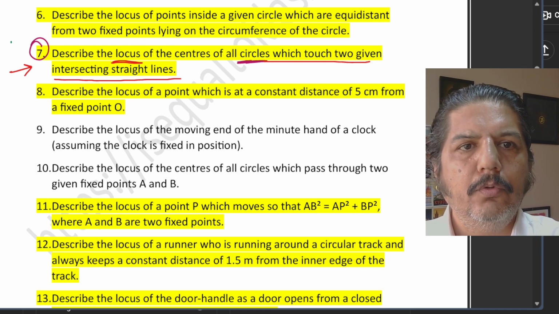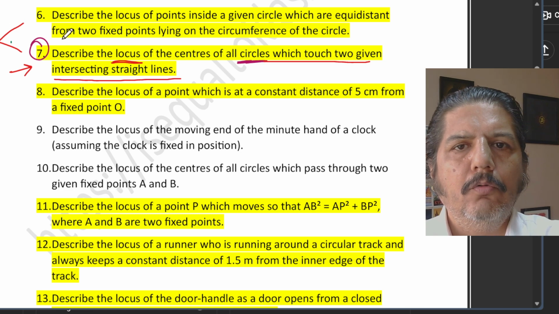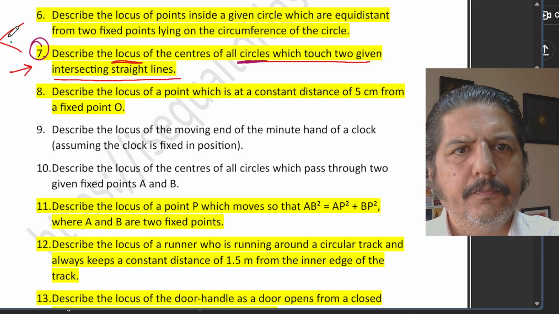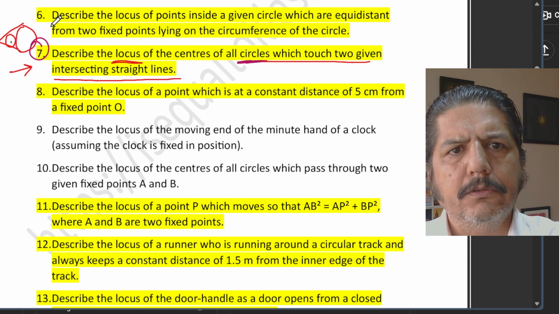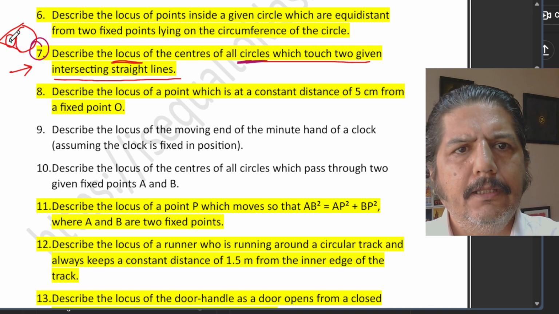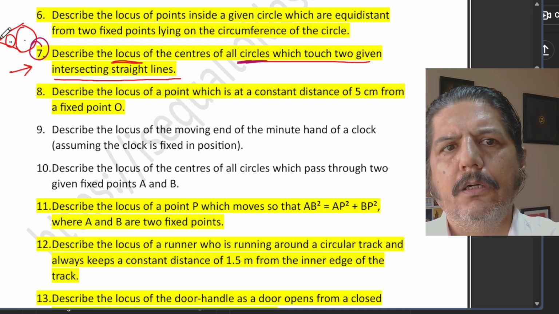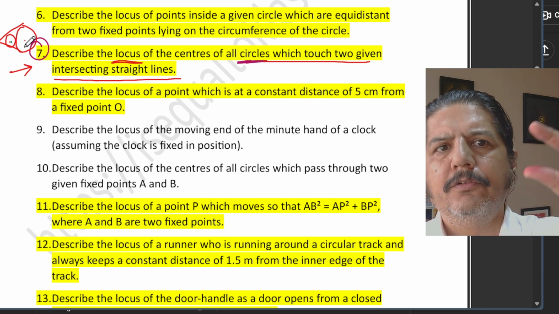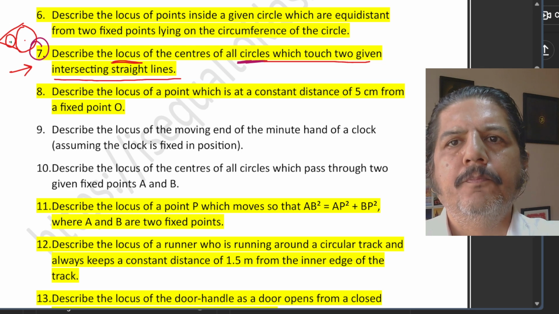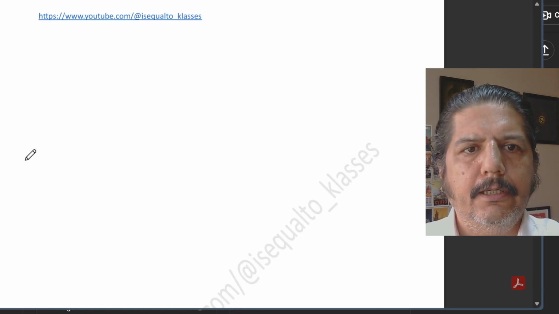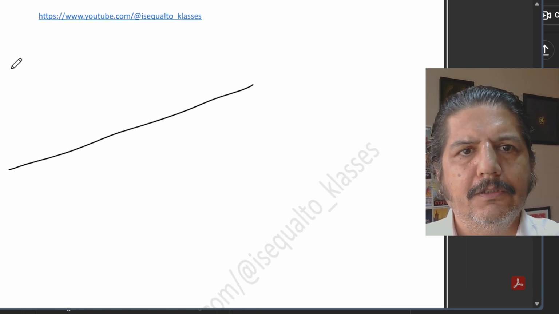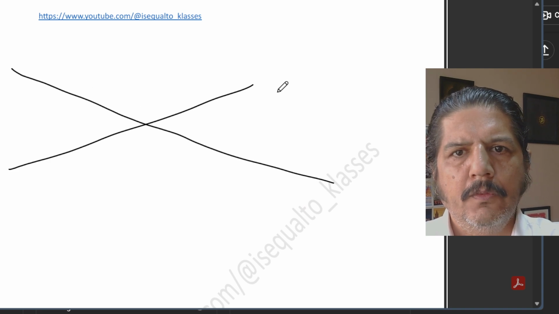So there'll be two intersecting lines like these, and now we want circles which will touch these intersecting lines. Then we'll have to look at the centers of these circles which are touching two intersecting lines.